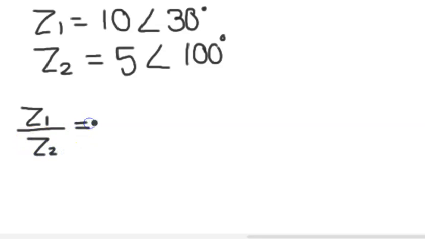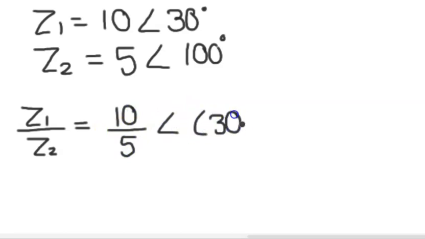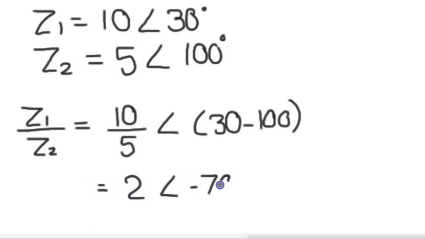When I do Z1 over Z2, I'm just going to divide, 10 over 5, angle, and take away 30 minus 100. So that will be 2 angle negative 70 degrees. Now I got a negative. If I got positive, it's okay, but now I got negative.